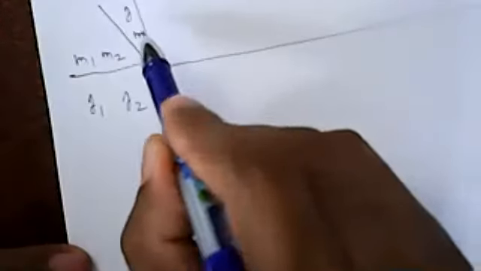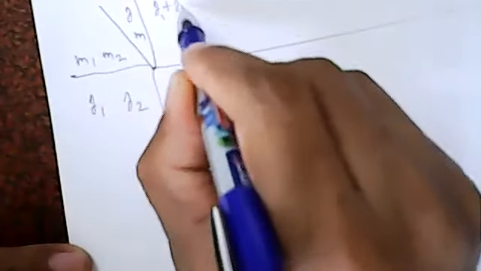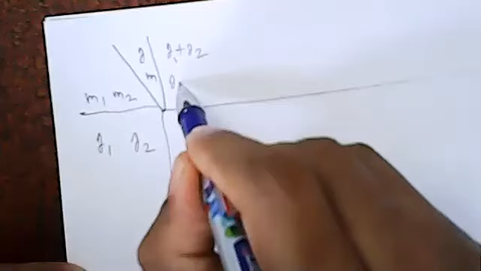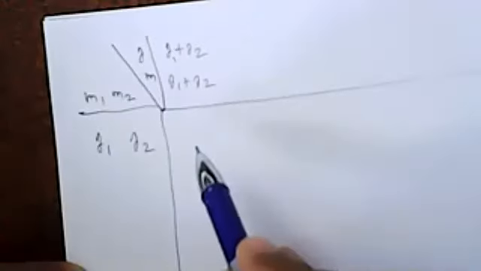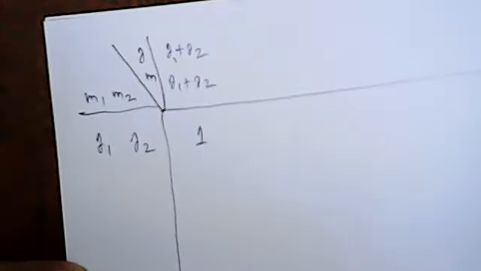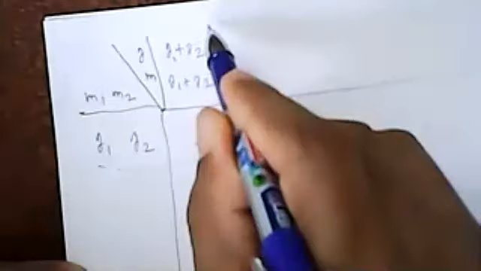Correspondingly, the J value is J1 plus J2, and the M value is also J1 plus J2. This is the stretched state. Corresponding to this, the Clebsch-Gordan coefficient is 1. So this is our first block.